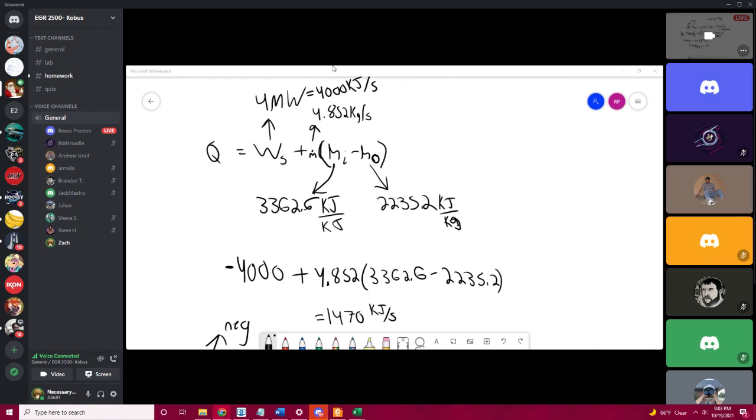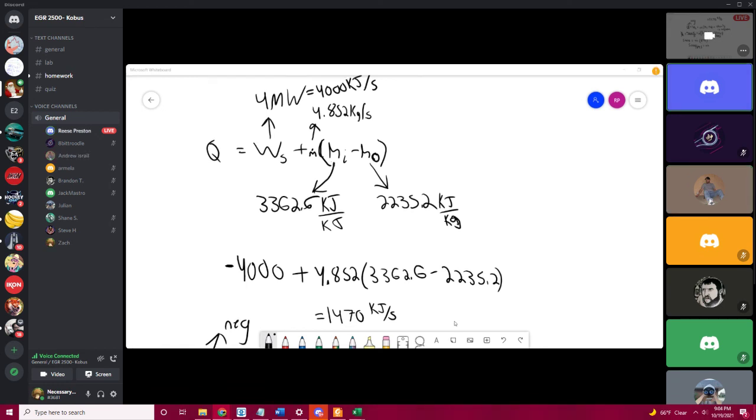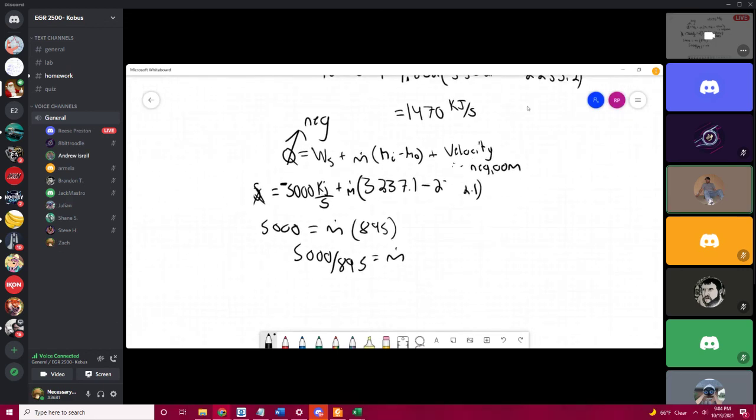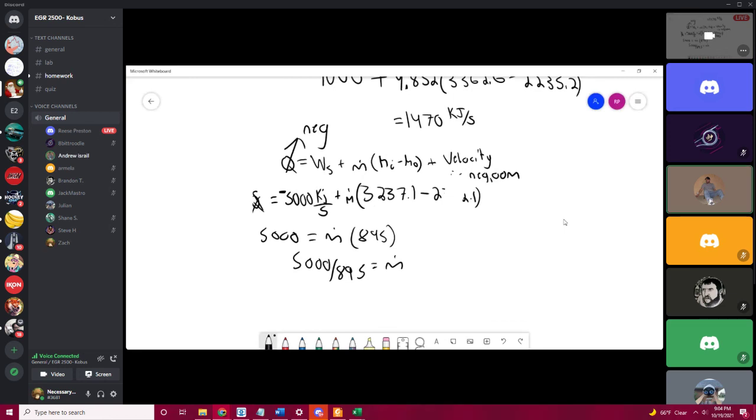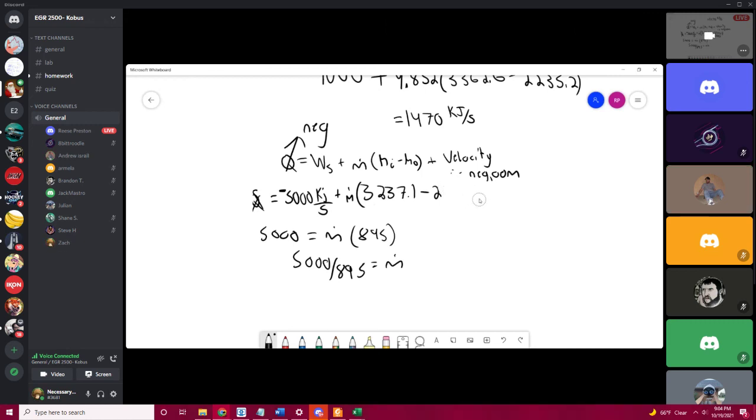What do you use to find mass flow rate in 2B? Just give me one second. So, I scribbled out that number. Basically, for mass flow rate, you know how you have that 0.528? Oh no, that's what you're looking for. I'm sorry, mass flow rate.